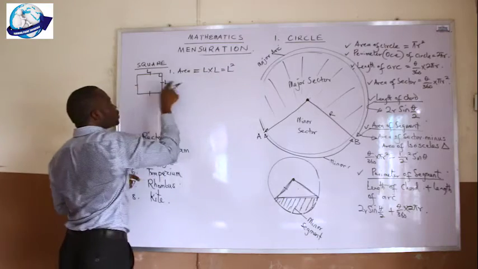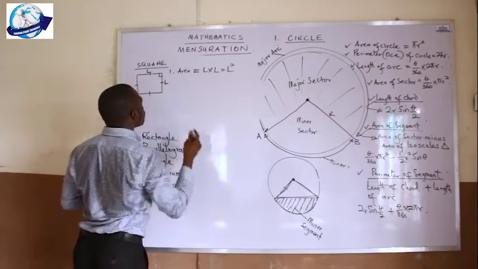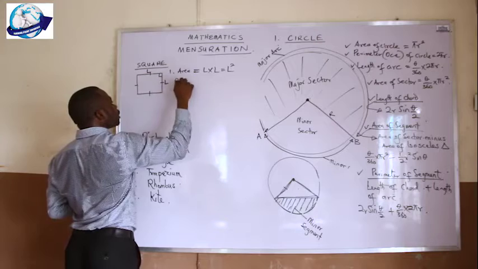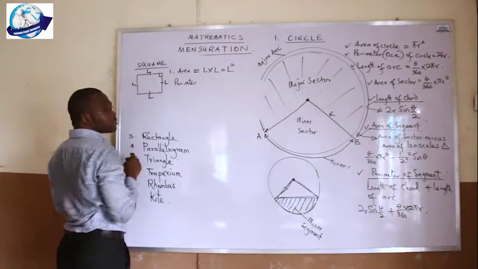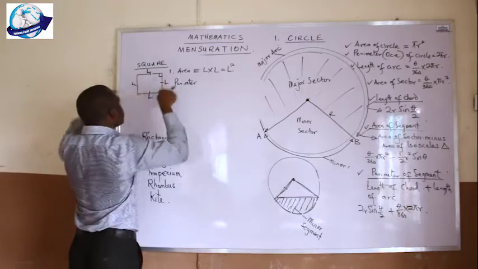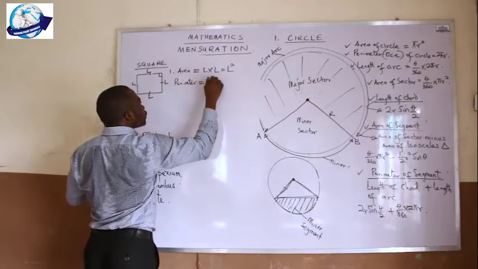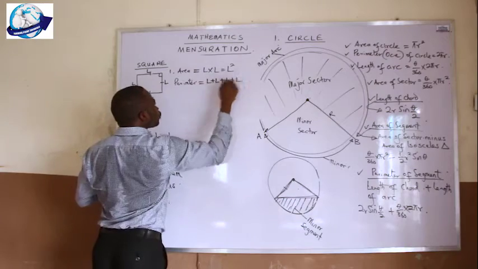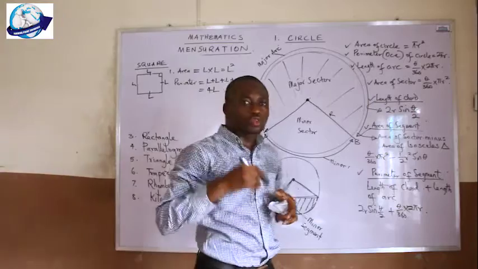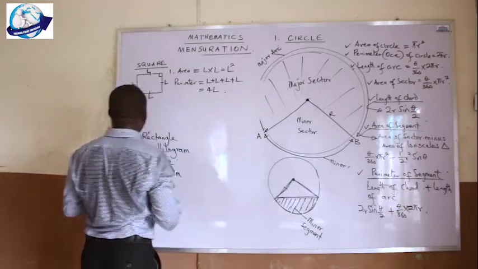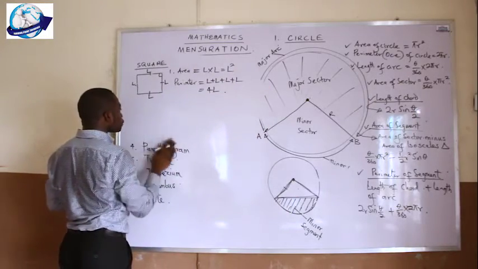Then we'll look at perimeter. Since all sides are equal, perimeter being the distance around a shape, you add up all the sides. So length plus length plus length plus length, you get 4L as the perimeter of a square. With that, I'll move on to the next shape, which is a rectangle.